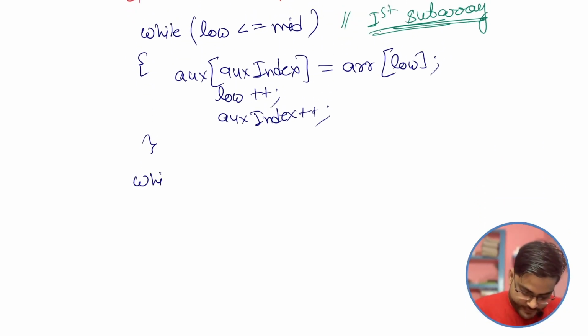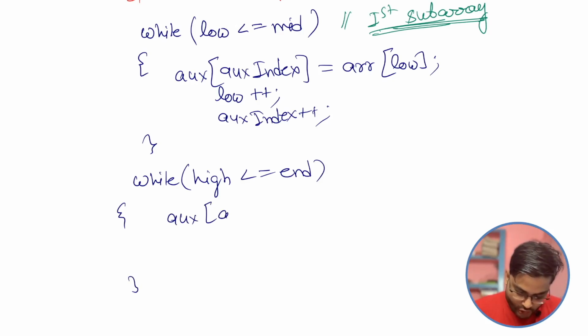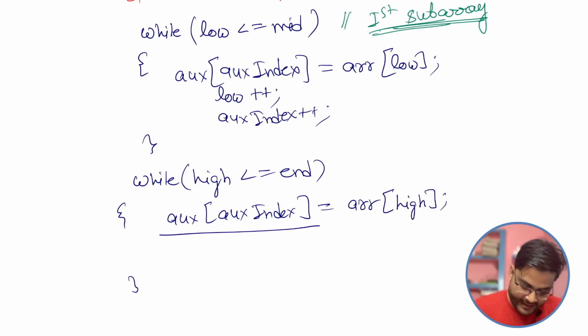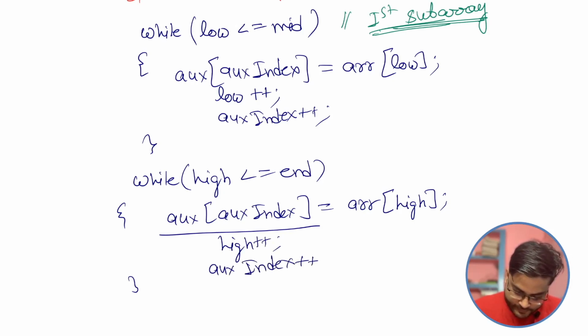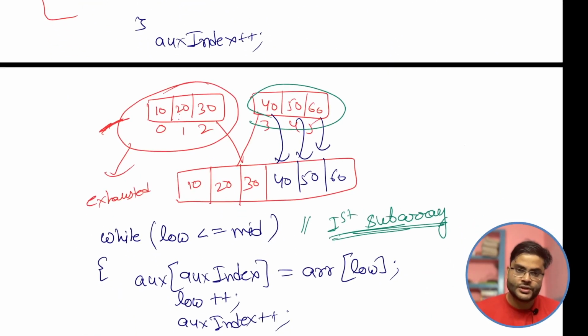While my high is less than or equal to end, my auxiliary array will store the array element at high index, and I will increment my high and my aux index. Okay, so this is my program for the merge algorithm.